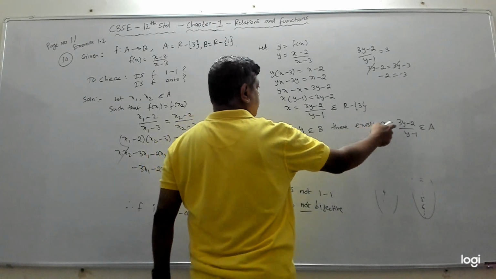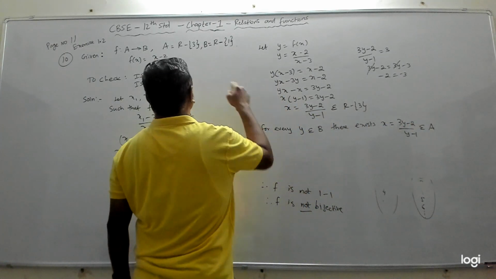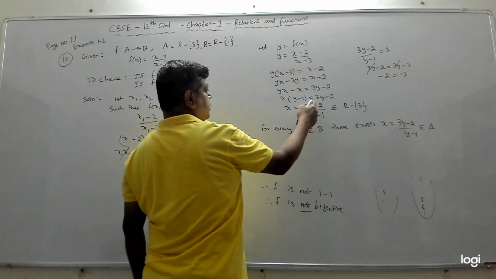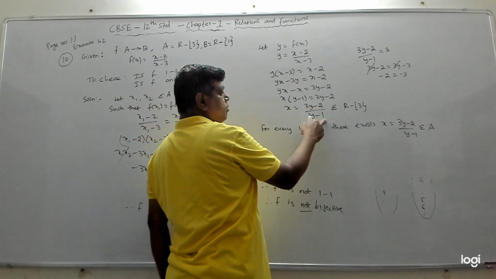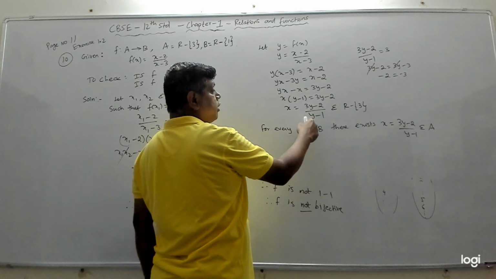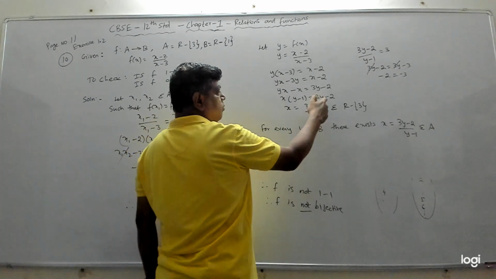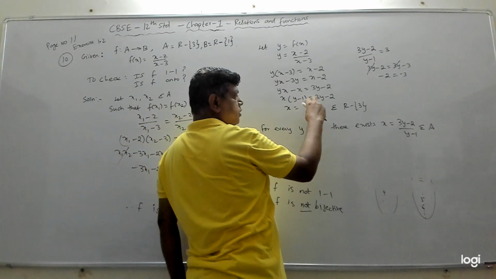There exists x equal to this, and that belongs to A, which means x will be in this set R minus 3, because it is a real number. Y is coming from B, which means y is not equal to 1. When y is not equal to 1, y minus 1 will not become 0. Therefore, this value is not infinity. So, this is a real number.